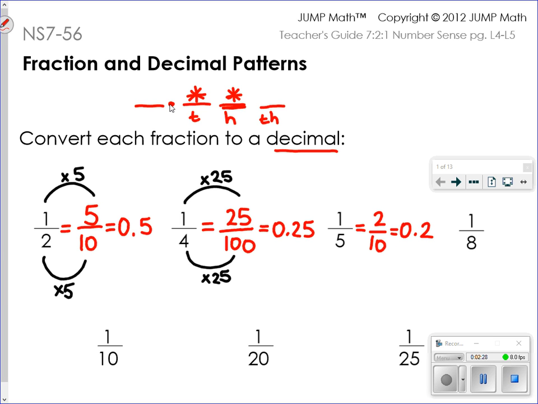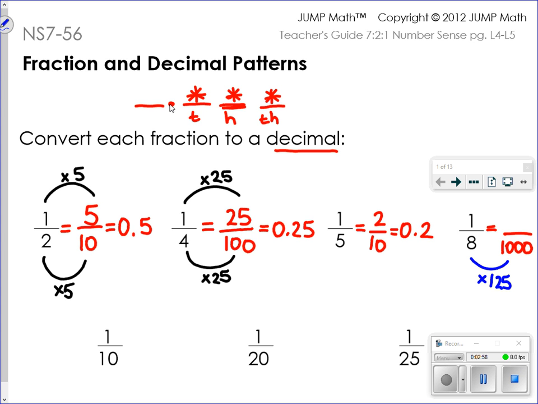Okay, what about 1/8? Well, I can't make it tenths because I can't multiply 8 by anything to equal 10 or 100, but I can make it thousandths because 8 will go into 1,000. What do I have to multiply 8 by to equal 1,000? Well, in my calculator, I can use 1,000 divided by 8, and it tells me that equals 125.